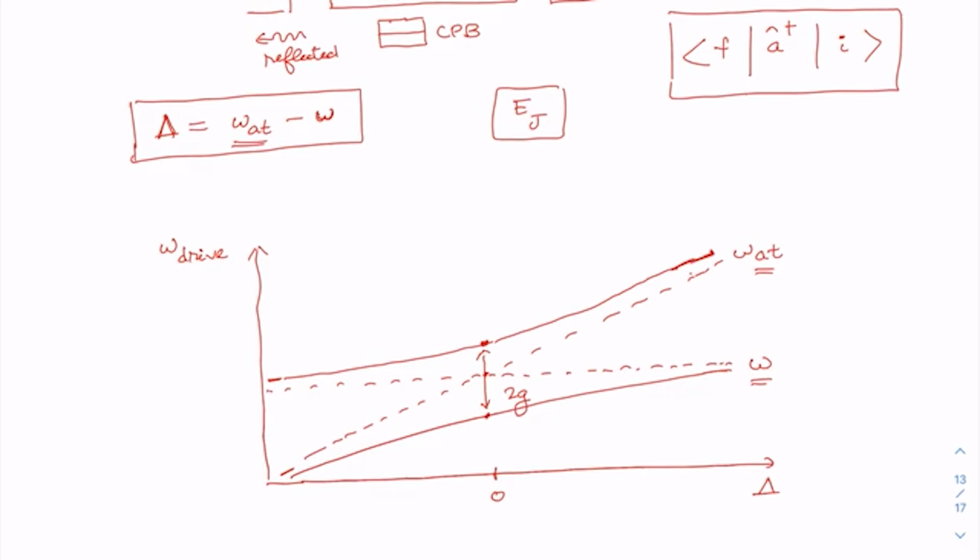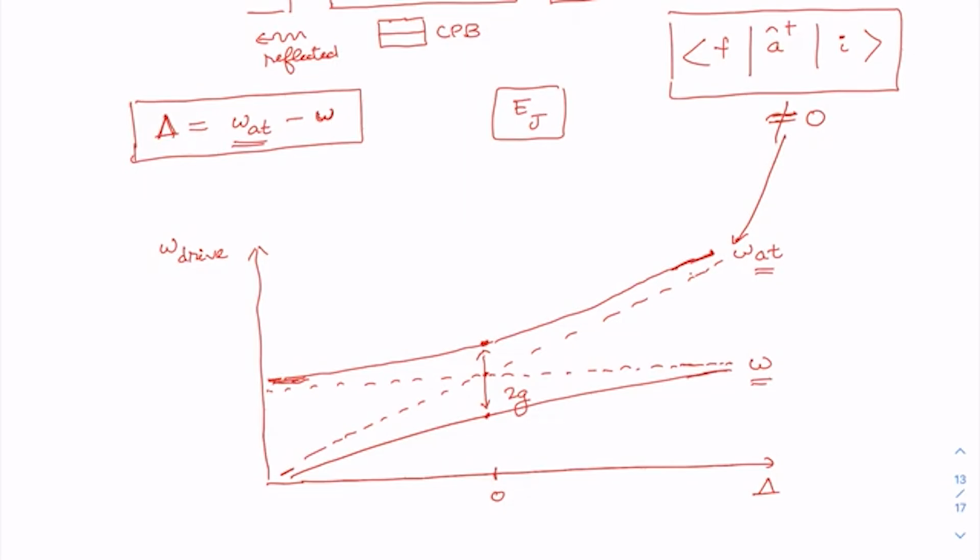So the intensity, the matrix element, would be nearly equal to 0. On the other hand, if we are at this end, when omega drive is nearly equal to omega, then there would be a generation of photon inside the cavity. This would be non-zero, we'll have a finite contribution from here, so there will be intensity. A similar argument goes for this point.